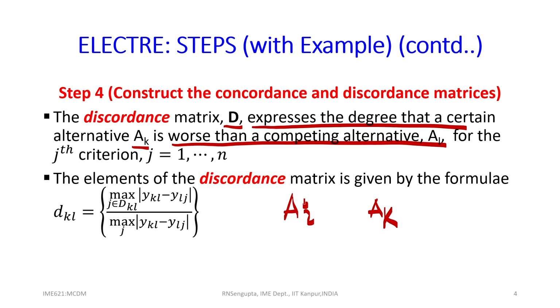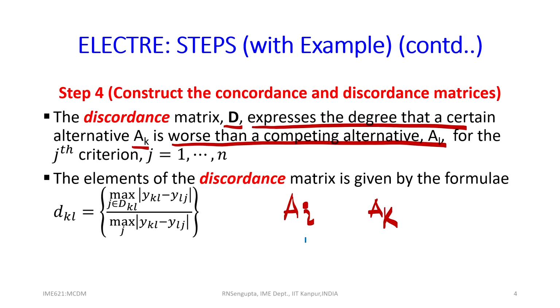If I choose A i and it is concordance, I will denote it by blue. You give more weightages as the weightages are added up. So you will have the concordance set C, which I am marking in blue color, and the discordance set, which I am marking in red. Based on the indices I find out C and D.